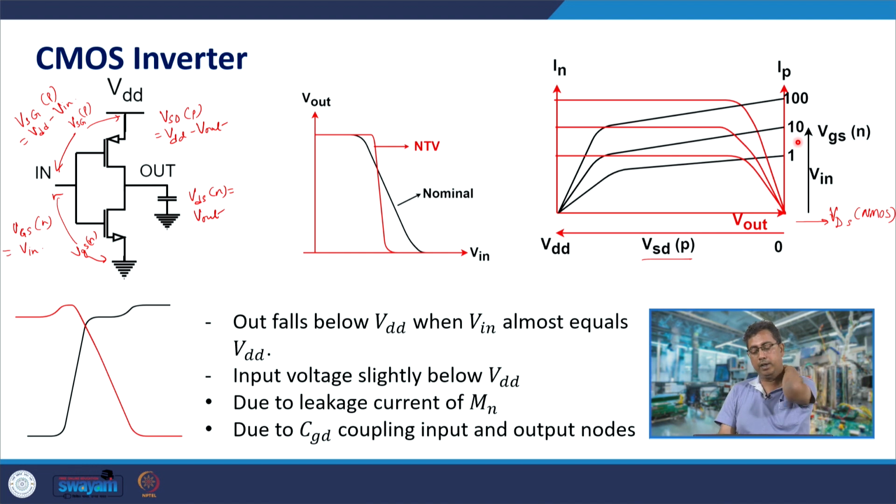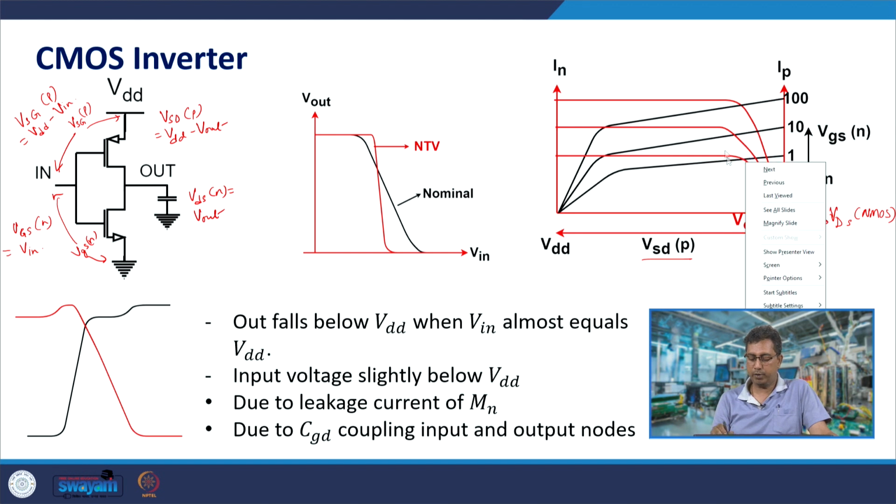So in this part of the regime where the currents are saturated, for a small change in VGS of the N MOSFET, the matching of currents would happen, but that results in a very large change in V out.